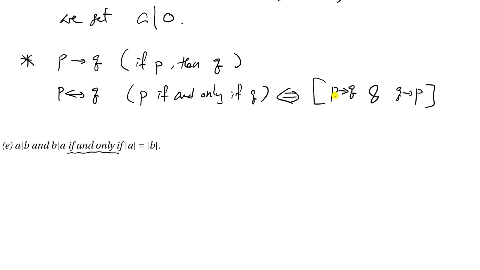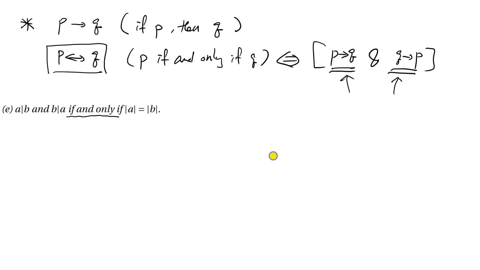So this statement actually consists of two different conditional statements, which means the proof requires proof of two statements, unless you can do it all together at once.